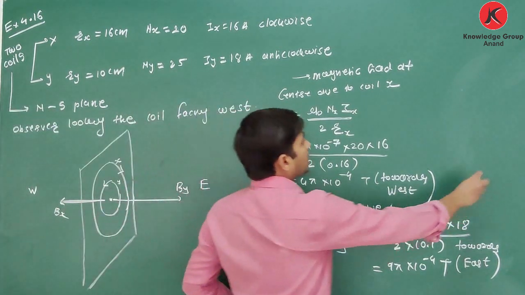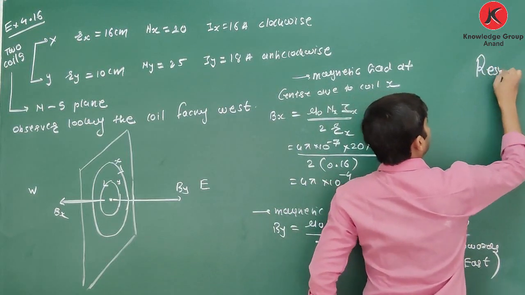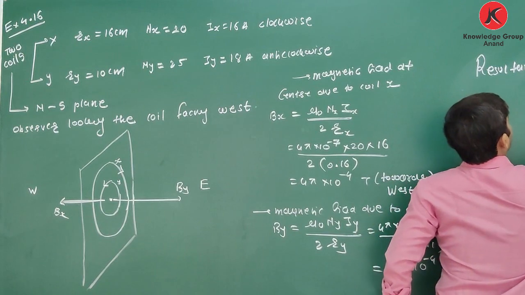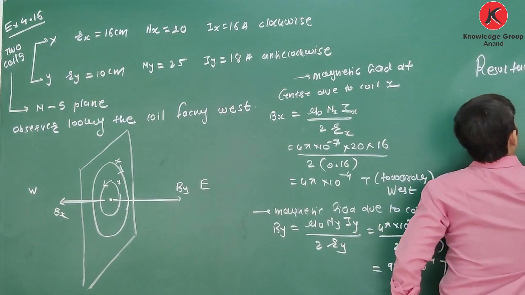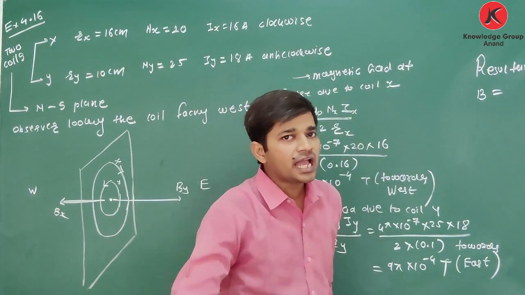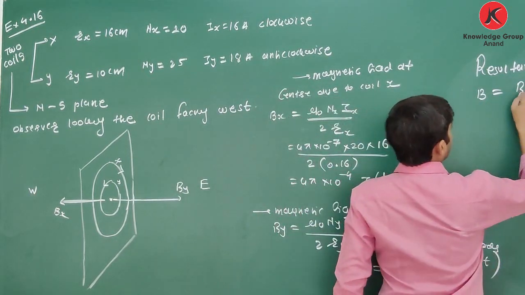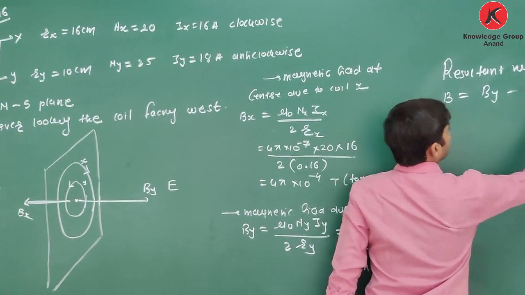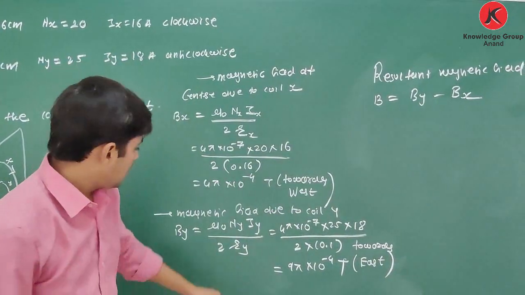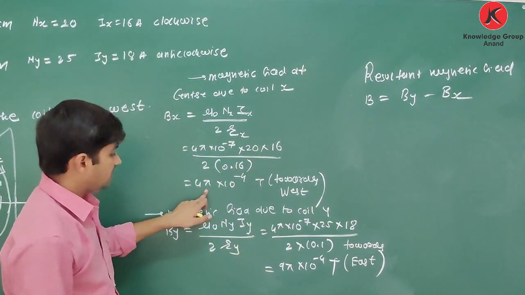So resultant magnetic field B, as they both are in opposite direction, we know the rule, I can write By minus Bx. Now why By minus Bx, not Bx minus By? Because here By is greater than Bx.